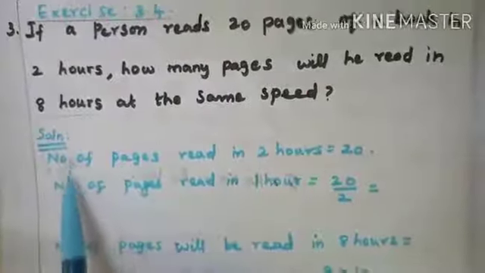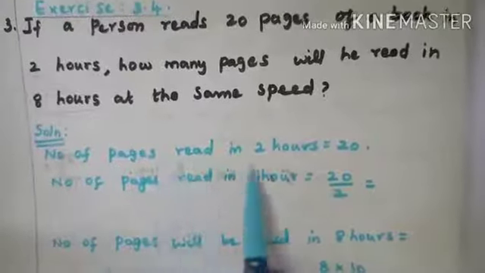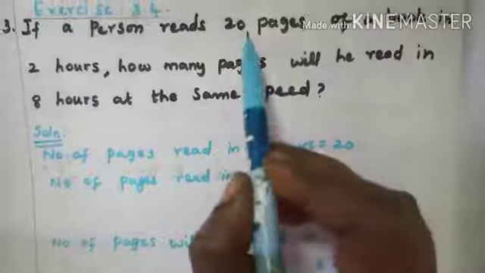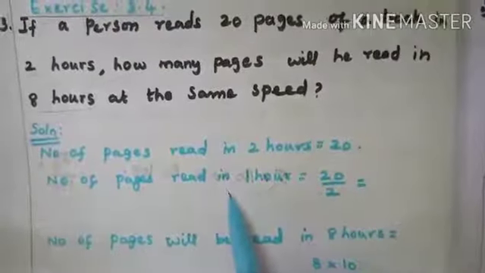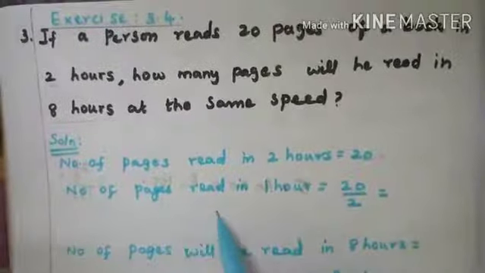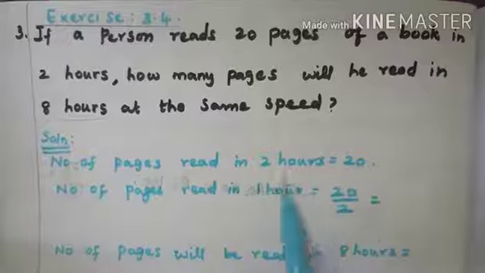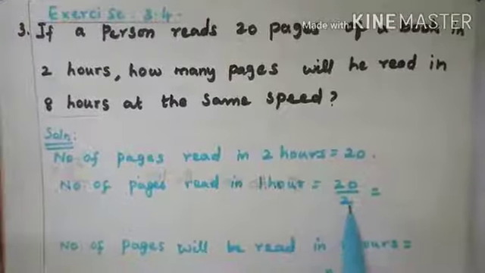See here, solution. Number of pages read in 2 hours is what? 20 pages, isn't it? Therefore 20. Now we are going to find for 1 hour and then we will be finding for 8. So number of pages read in 1 hour is what? 2 hours 20, so 1 hour is 20 divided by 2.